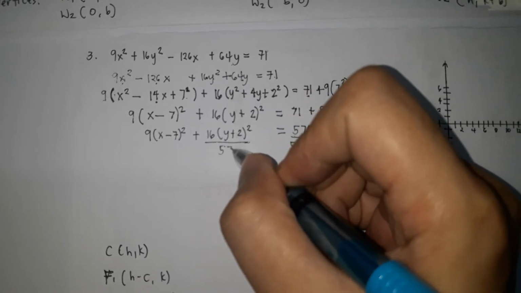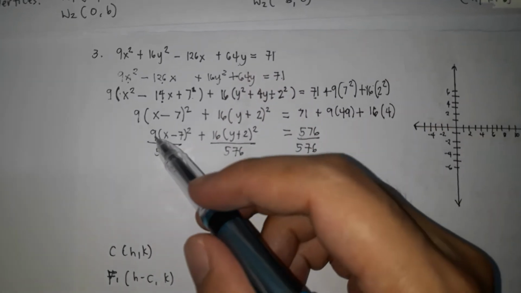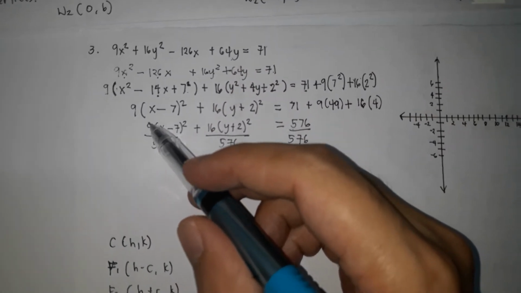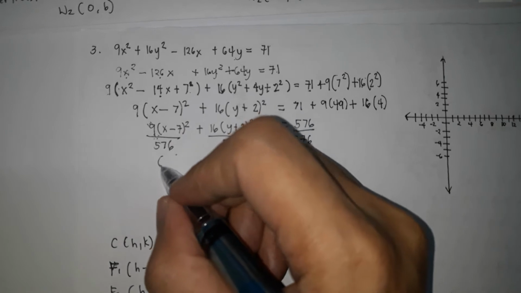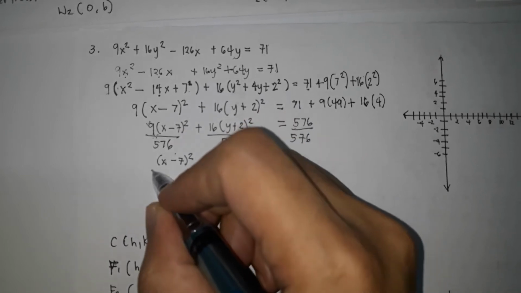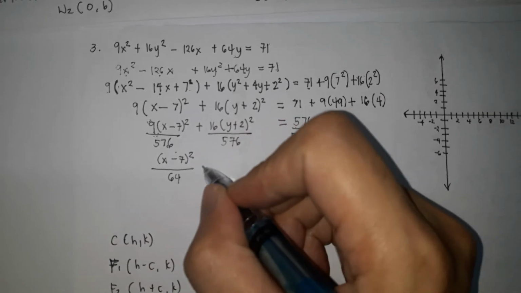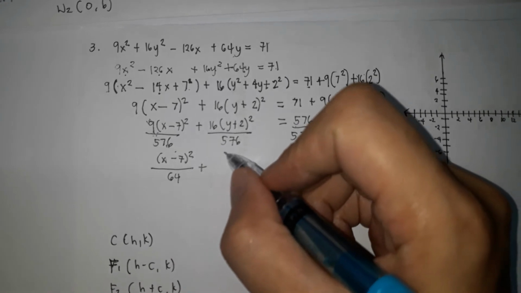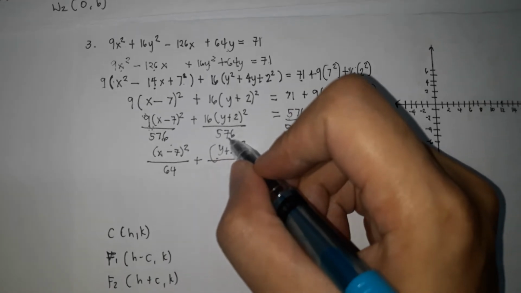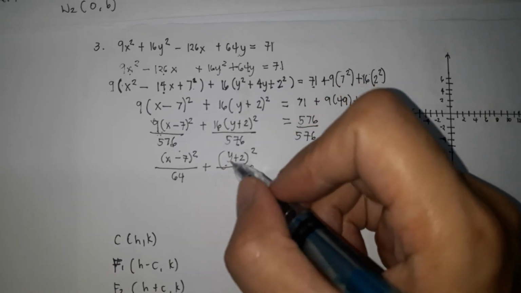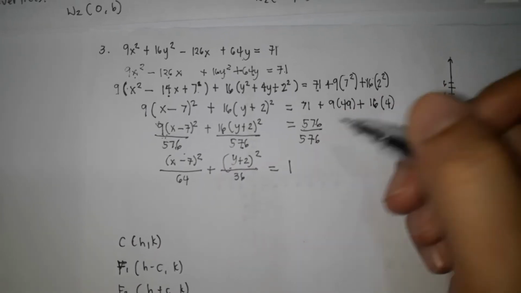Divide this side by 576 too. So, what happens is, divide this by 9, and divide this by 9, it becomes (x minus 7) squared over 576 divided by 9, it's 64, plus (y plus 2) squared over 576 divided by 16, the answer is 36, is equal to 1.